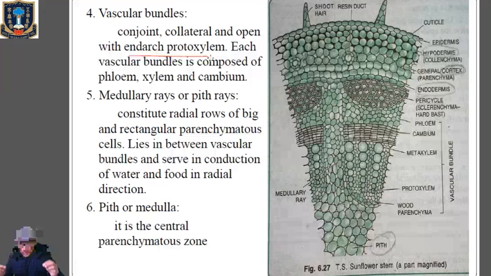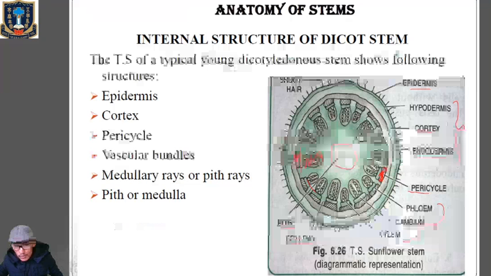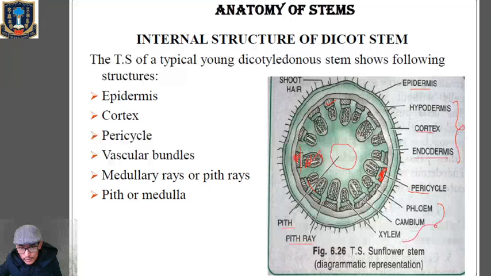So let's just talk about the phloem. When we look into the structure, figure number 6.26, I've told you which one is phloem. So this one is the phloem part, the inner one is the cambium, and this is the xylem part. So phloem lies toward the outer side, and is mainly composed of sieve tubes, companion cells, and the phloem parenchyma.